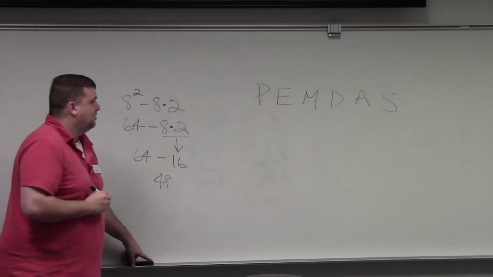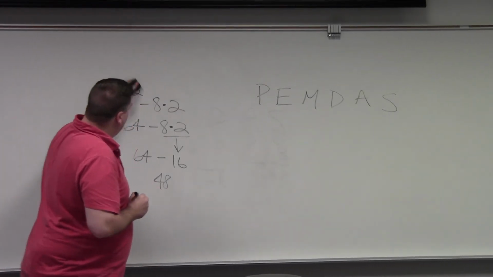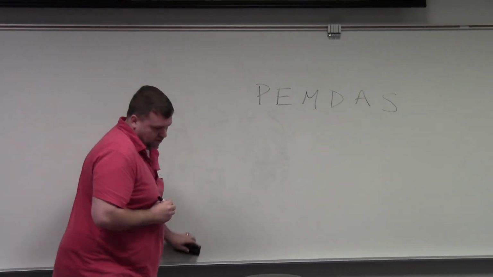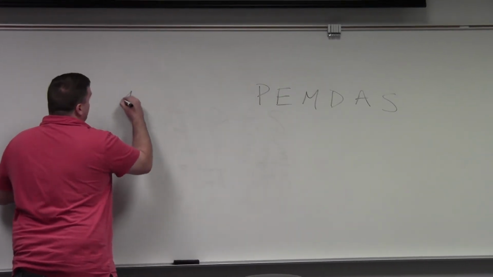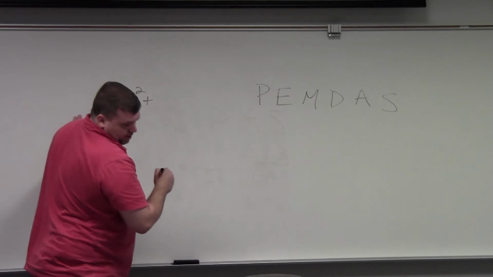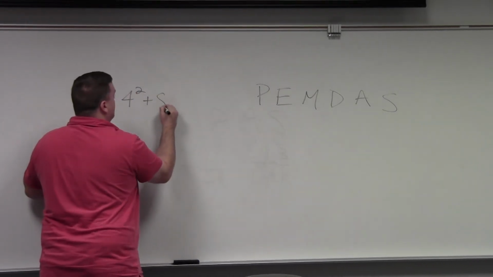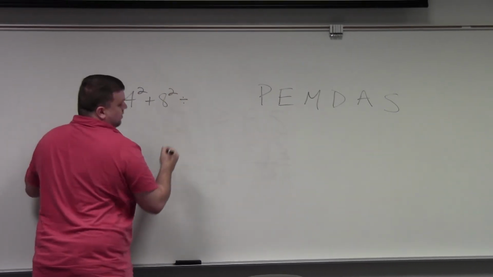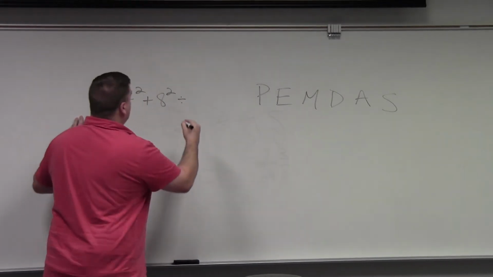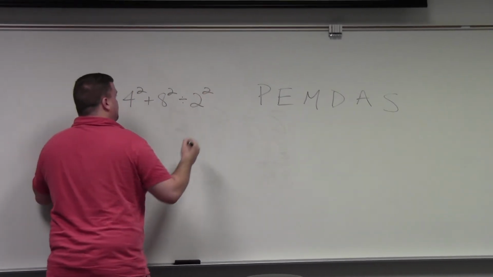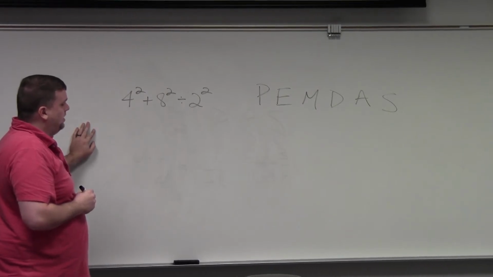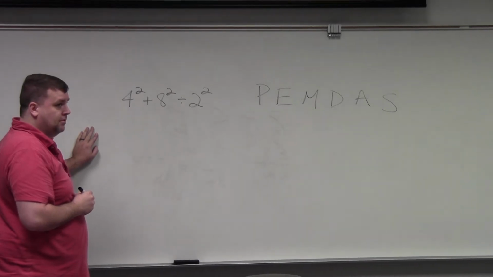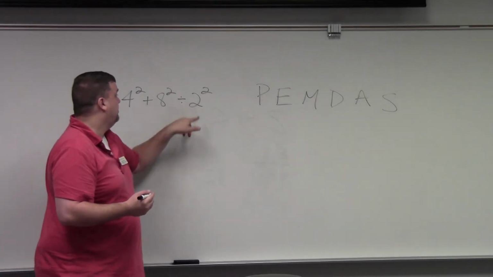Let's see, somebody wants to get to some harder ones. All right. We'll get there. 4 squared plus 8 squared divided by 2 squared. Do we have any parentheses? No. Exponents? Yes. Can we do them all at the same time? Yes, right? We'll take care of all three.